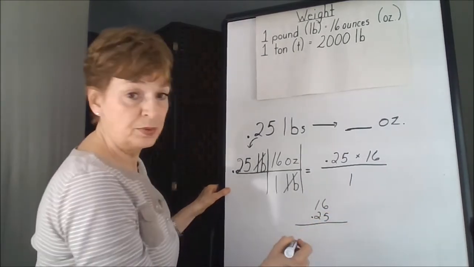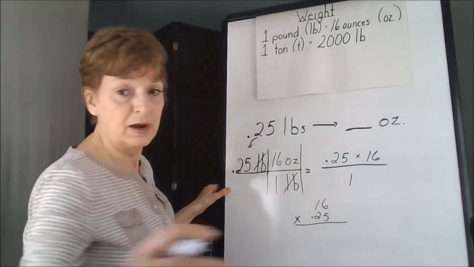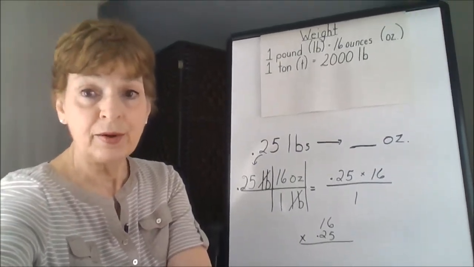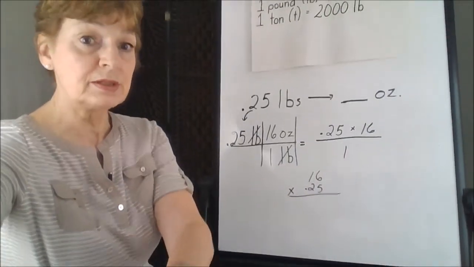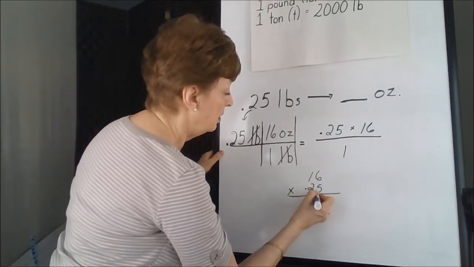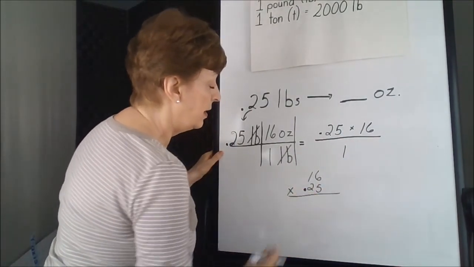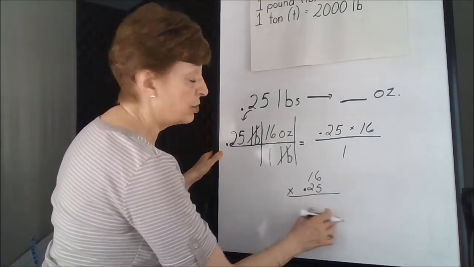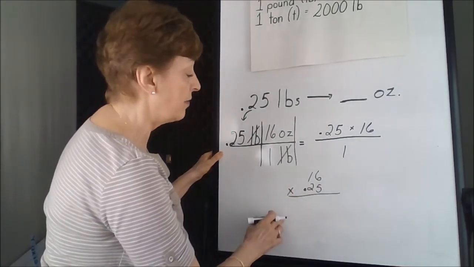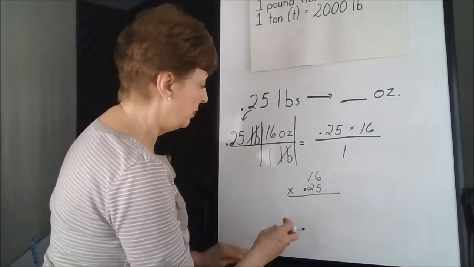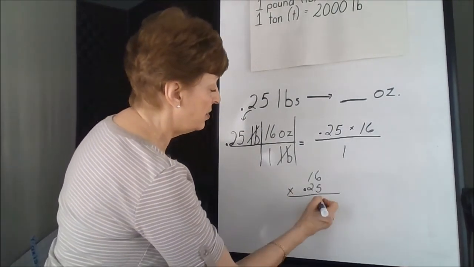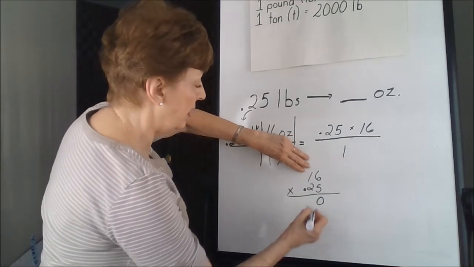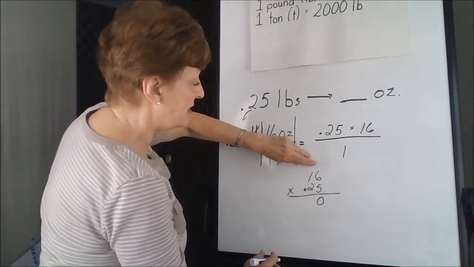So now we have to bring in our reminders about how you multiply decimals. It doesn't matter about lining up the point on those. You just have to make sure that you've got the right position after you get your answer. So here we go. 5 times 6 is 30. I'm carrying 3. 5 times 1, 5, 6, 7, 8.